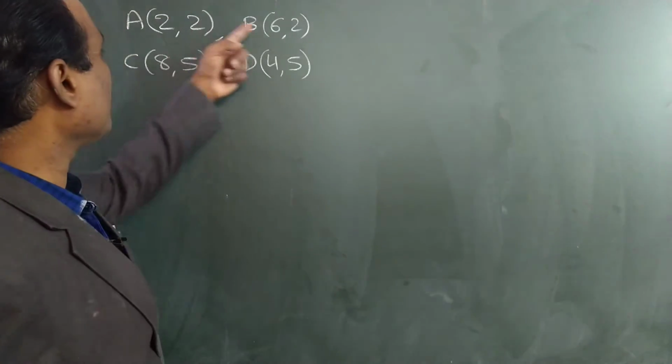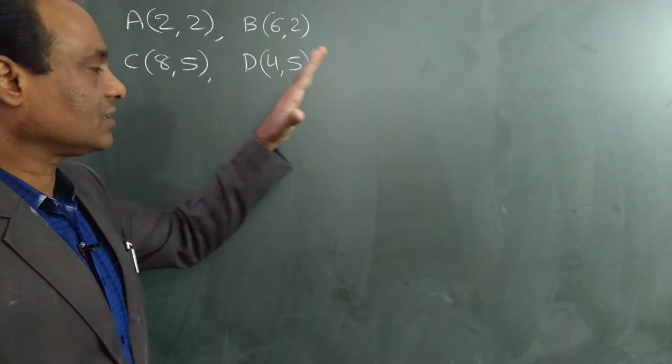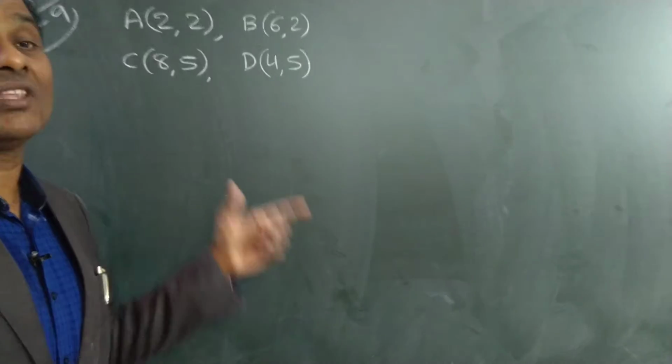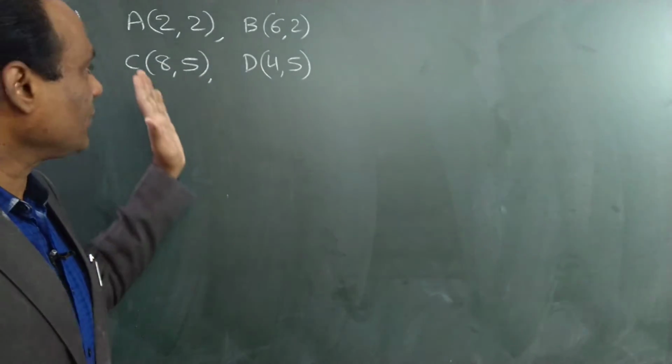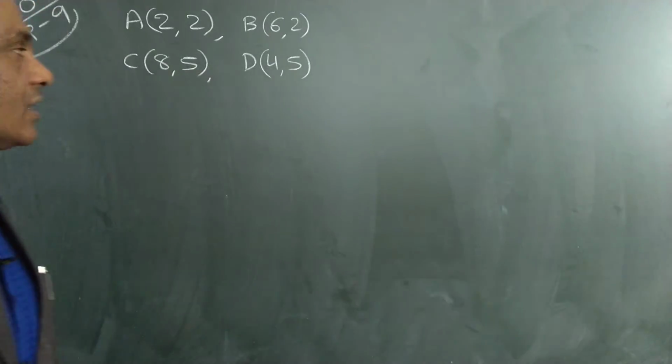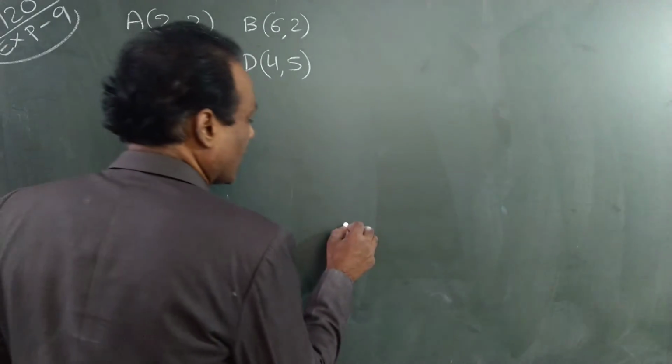So using these 4 points, if we draw a diagram, it is a parallelogram. We will get a parallelogram, and we are asked to find its area. See here. So how do we plot the points on the graph paper?